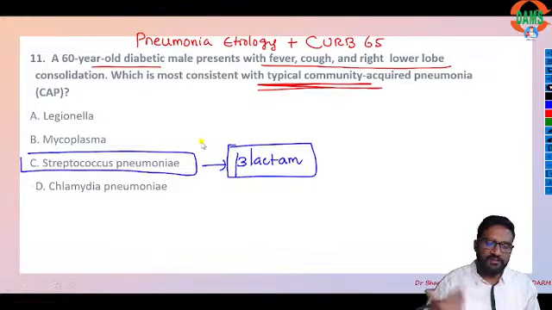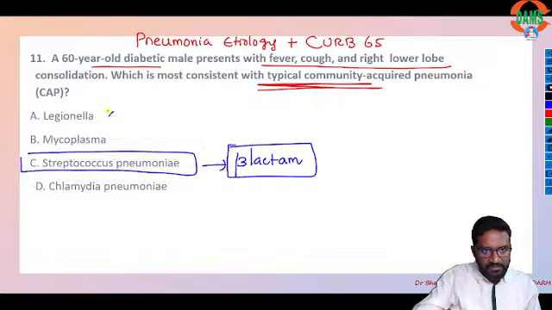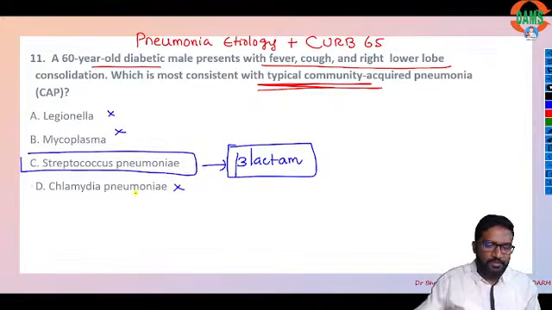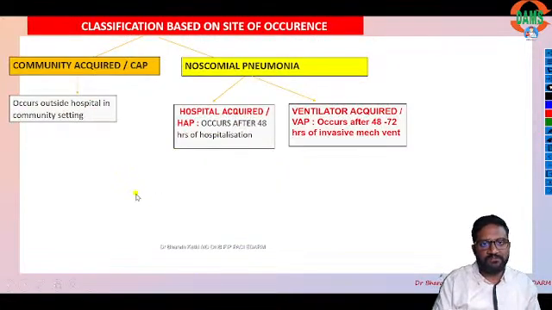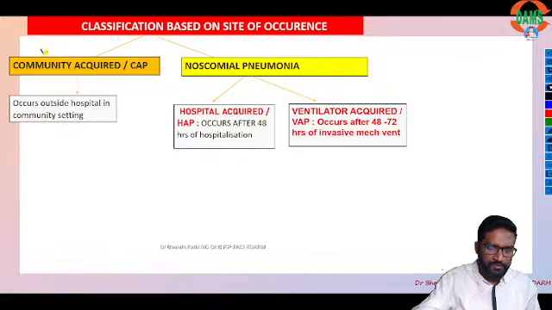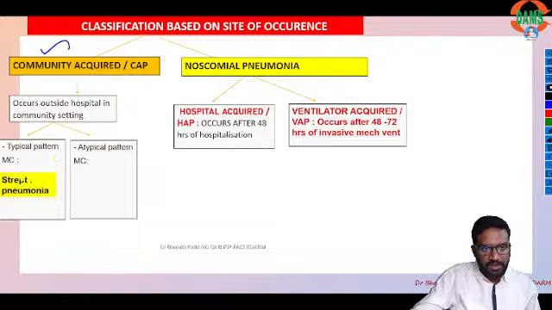But empirically, we generally combine beta-lactam with macrolide so that we also cover atypical organisms when you don't know the exact culture report. So just a brief summary, students. Whatever happens outside a medical facility is community acquired. The important typical pneumonia in community is Streptococcus.